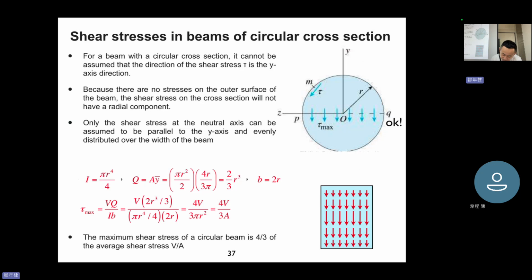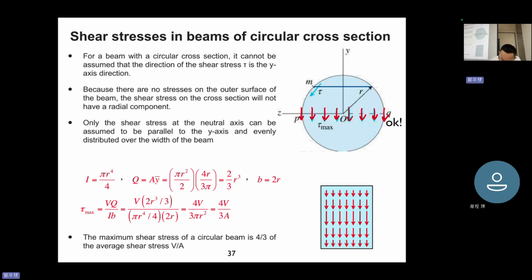Let's take a look. You can see that this boundary is parallel to the y, so this line is okay. But this line is not okay. Other lines are not okay, right?